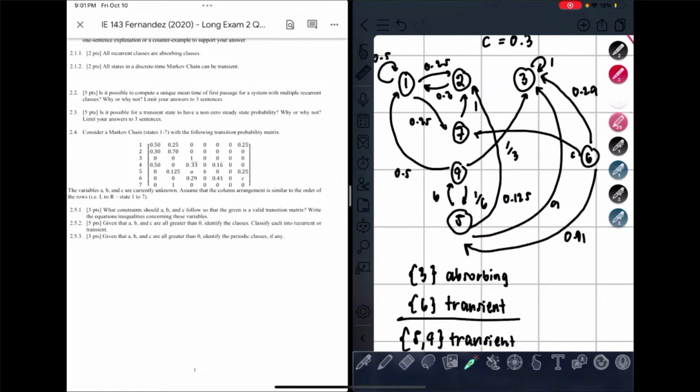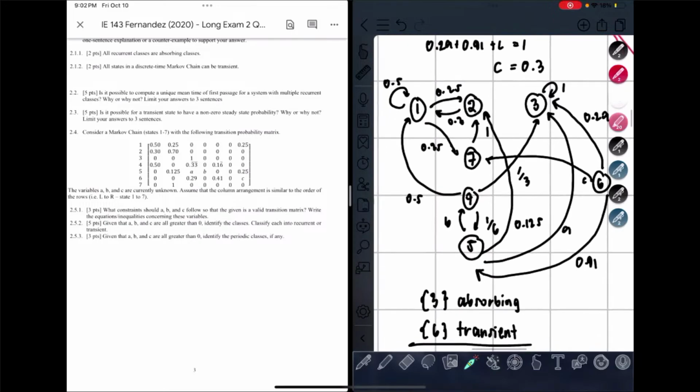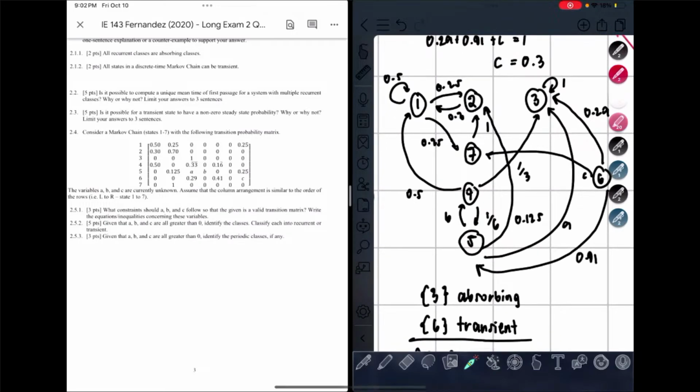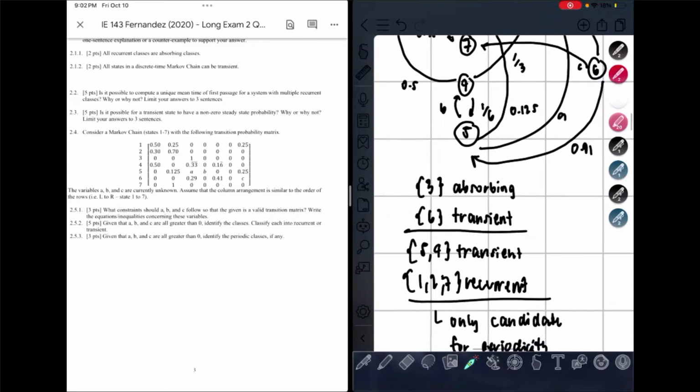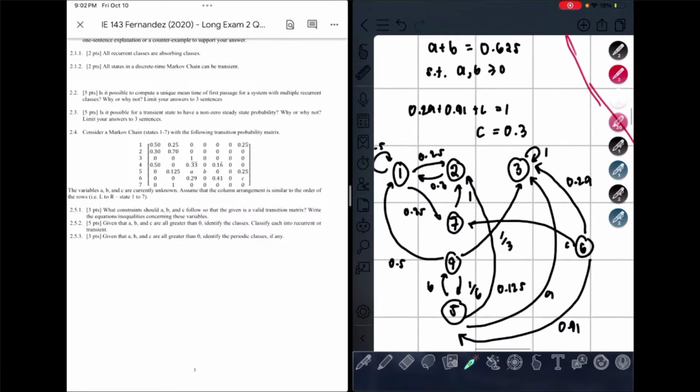Eventually, we also observe that 5 and 4 are transient because if you group them together, there's no way to get to this class from outside. So meaning eventually lalabas lahat ng papasok kay 4 and 5 and there's no way to get back. So it's transient. And then 1, 2, 7 are recurrent. Right? Because there's a way to get back to each other from any point in this class. So okay. Those are just some initial observations.